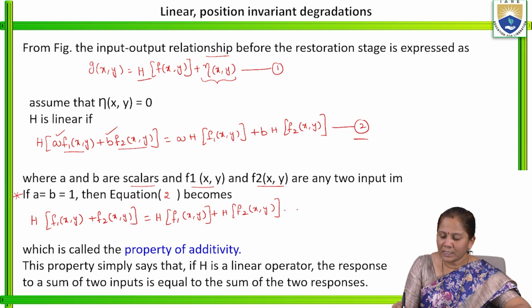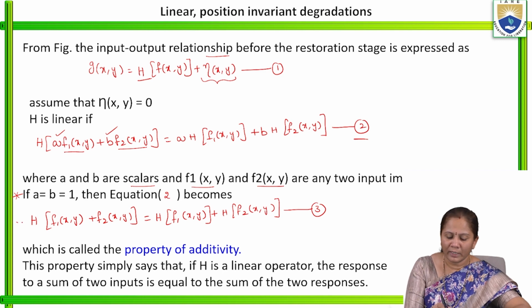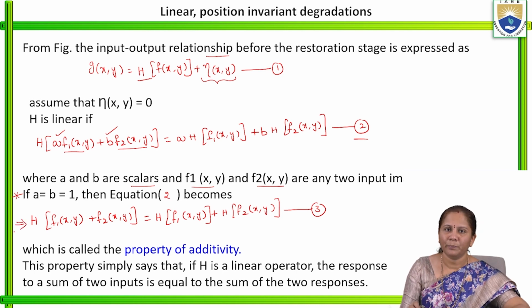Let us consider this as equation 3. In equation 2 we took the constants a and b as 1, and by substituting them we get this equation 3.